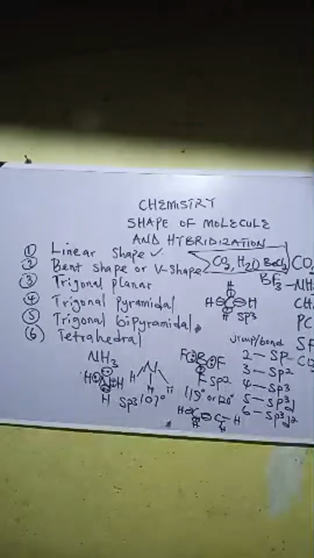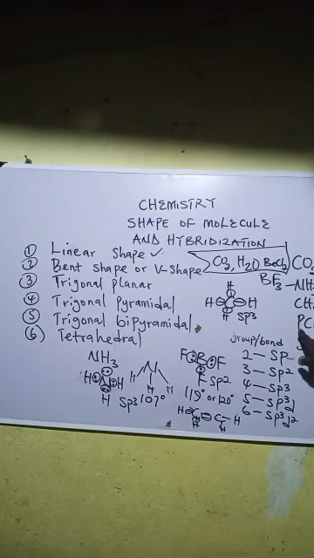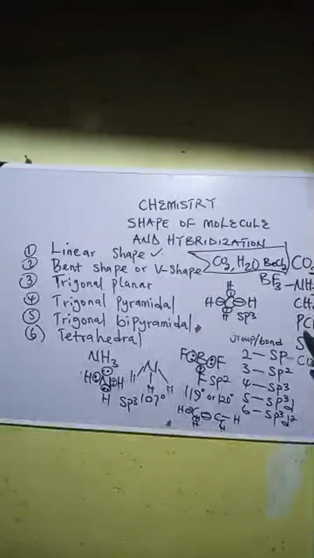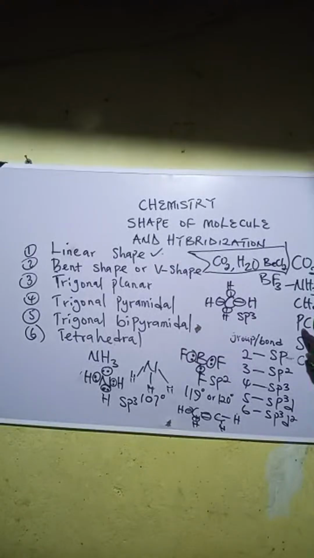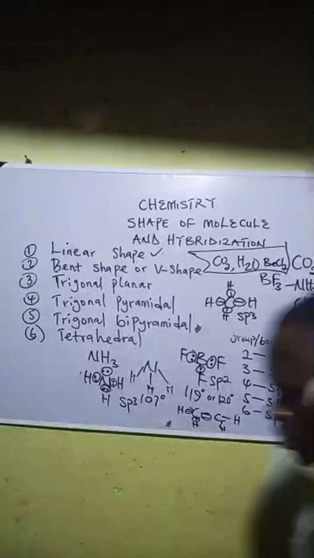Beautiful. So now the trigonal bipyramidal in phosphorus pentachloride. Now what happened in this one? What type of hybridization is here?